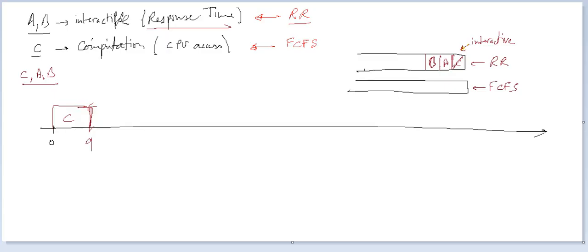Now the system's heuristic is that if it has used its whole quantum, it's not interactive, because if it were interactive, it would have run a few CPU instructions and then right away asked for input, which was not the case. So the system is going to push C back on this queue.